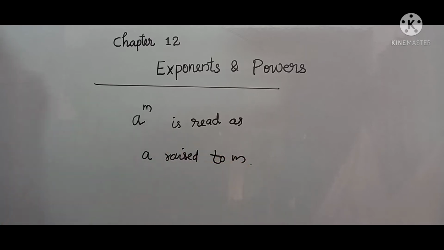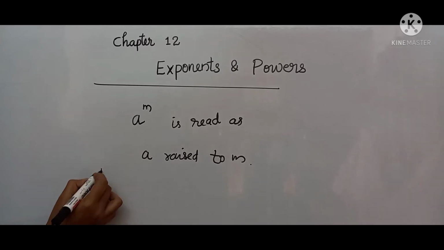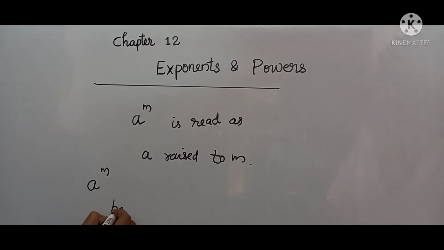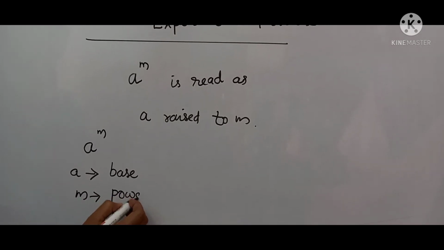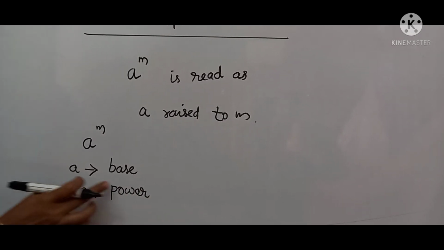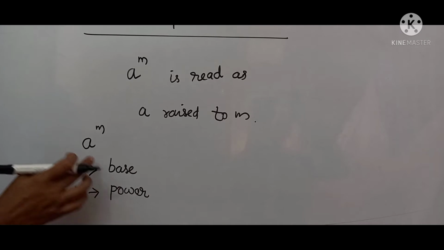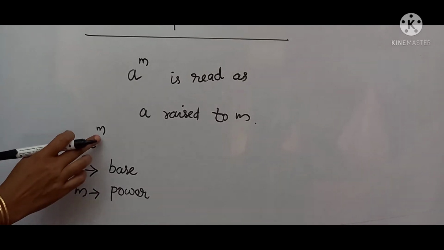In this exponent, a raised to m, a is called the base and m is called the power of the base. A is the base and m is the power, and it is read as a raised to m.